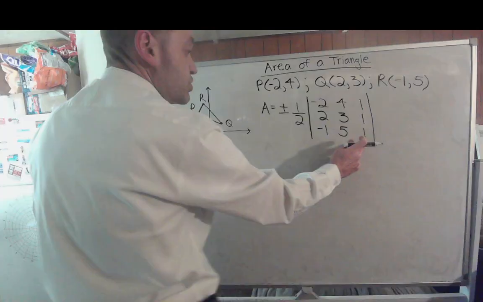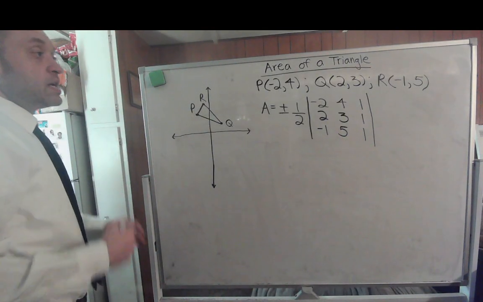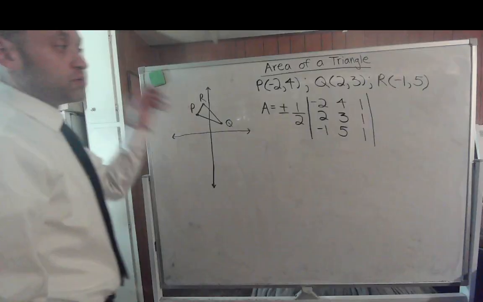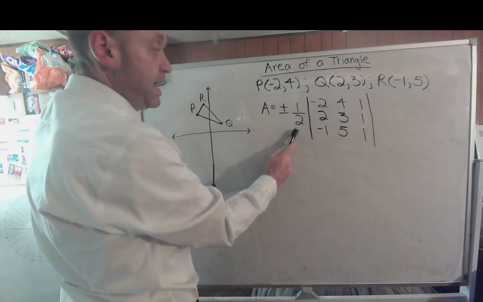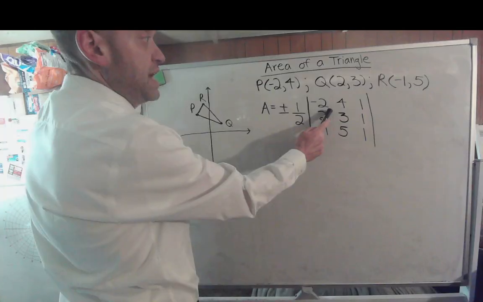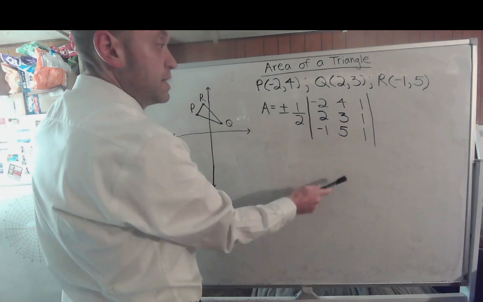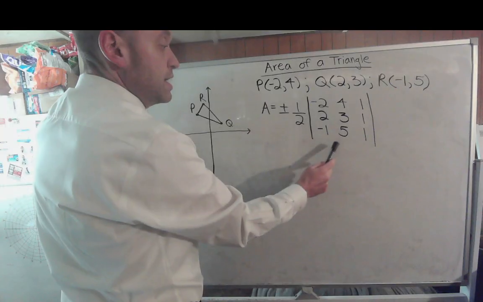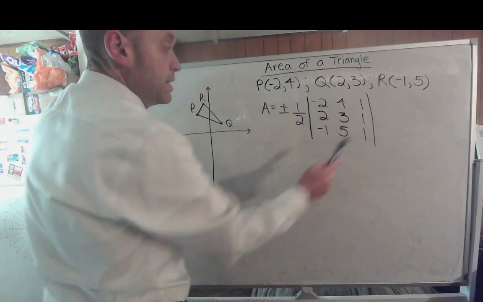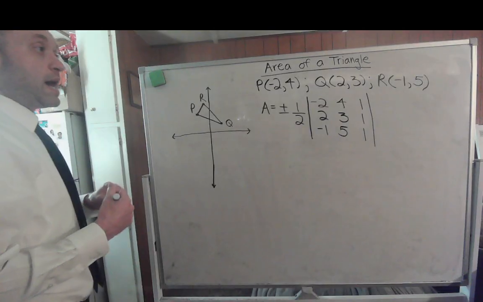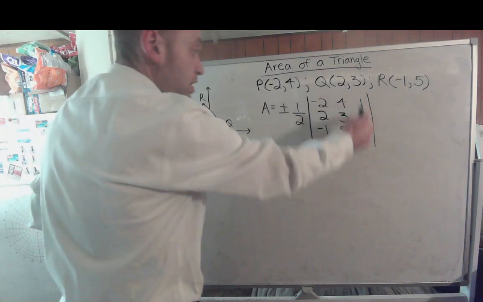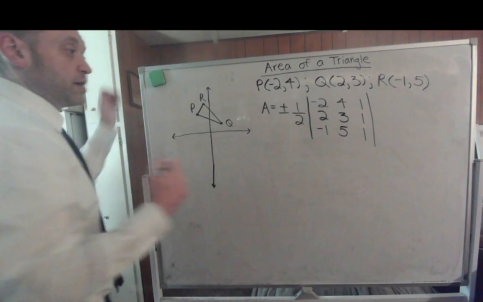So the area of this triangle is plus or minus 1/2 times the determinant of -2, 4, 1, 2, 3, 1, -1, 5, 1. I think it's best we use the third column. Let's go down the third column.